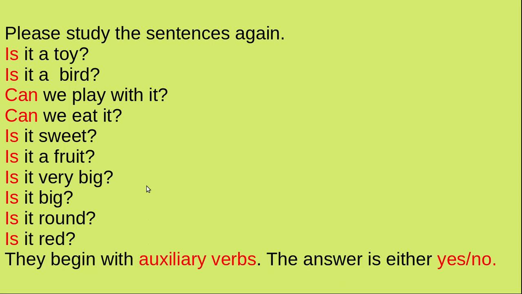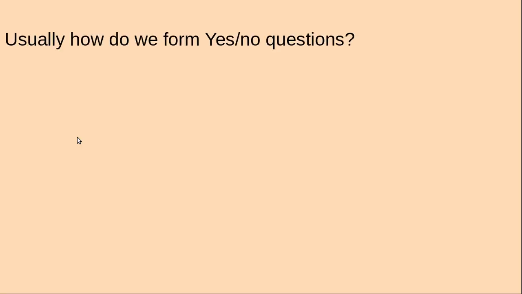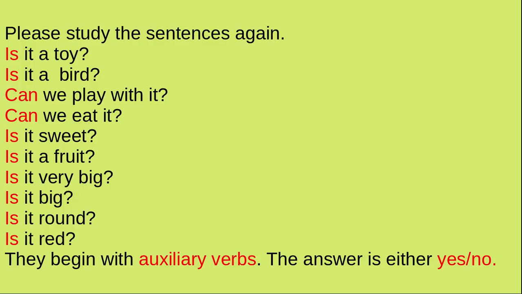All these are sentences which begin with auxiliary verbs, and the answer is either yes or no. You agree? So those sentences are, as you know, yes or no questions. All these are yes or no questions.